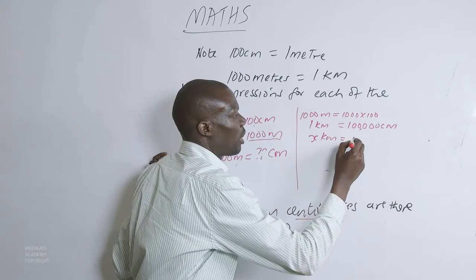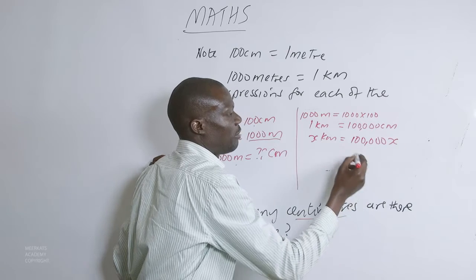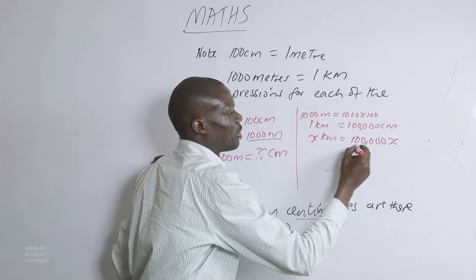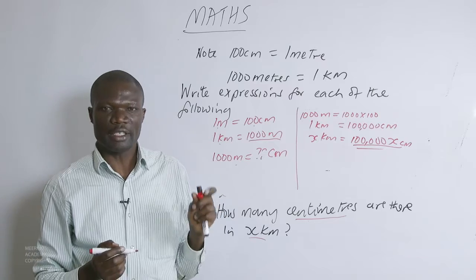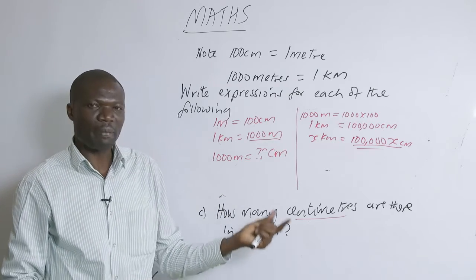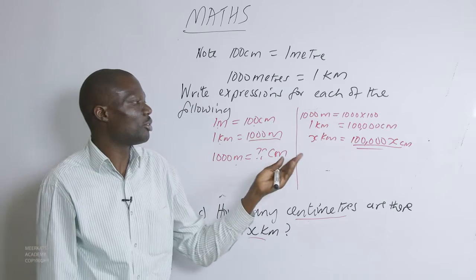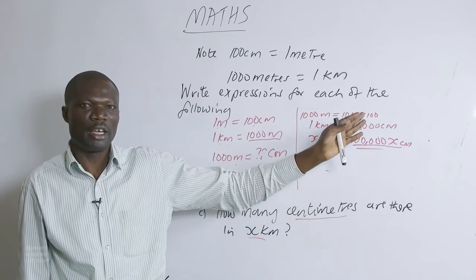So it will be 100,000 times x divided by 1, which is the same. So it will be 100,000x centimeters. So x kilometers is equivalent to 100,000x centimeters.